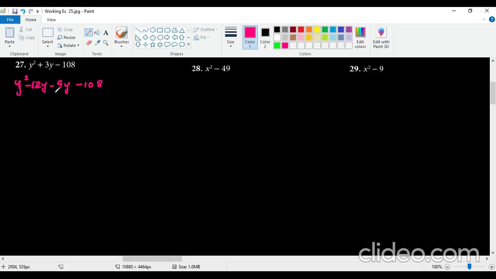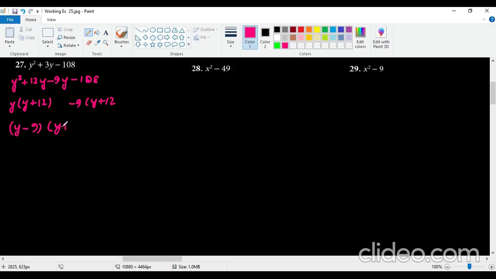I will rewrite this. y square plus 12y minus 9y is going to give us a plus 3y, and 108 will be written like this. So y is common, and y plus 12 will be written once again, and minus 9 in the middle. So y minus 9 and y plus 12 is going to be the second bracket for this factorization.